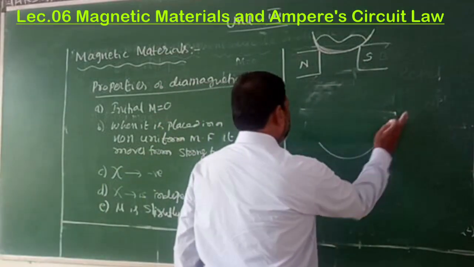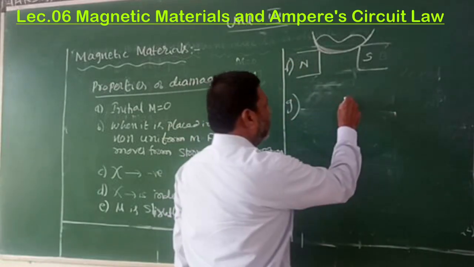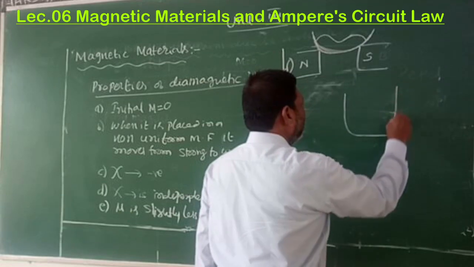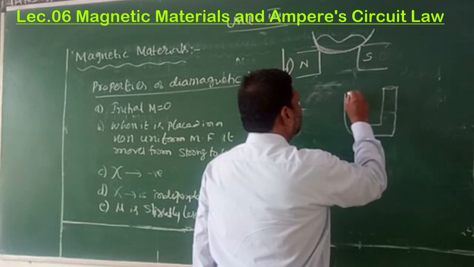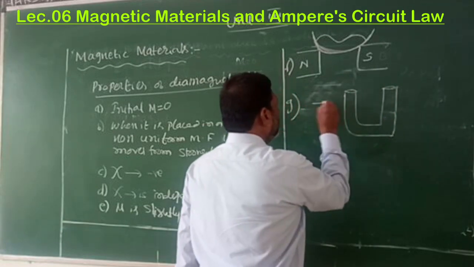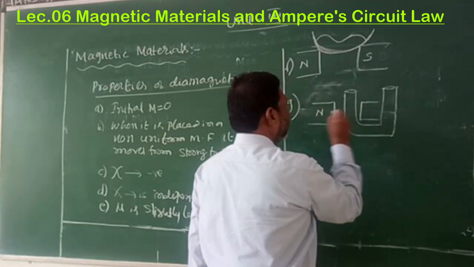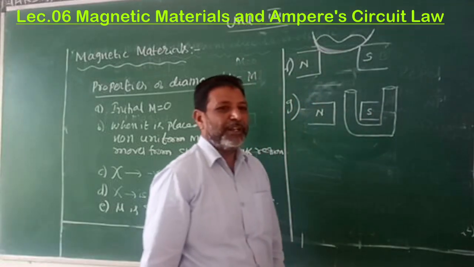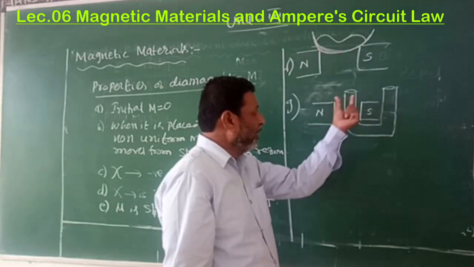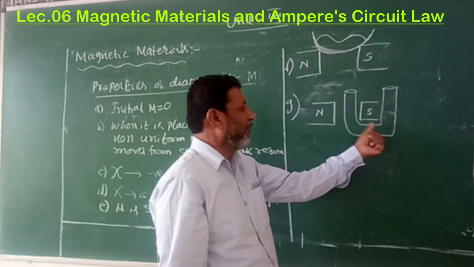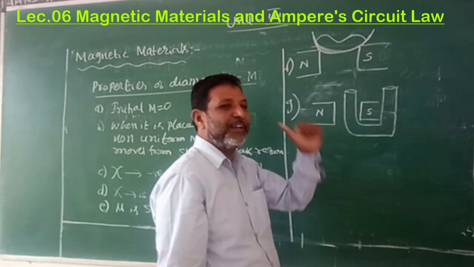And the next property is this. When a U-tube containing liquid diamagnetic material is placed between the two powerful magnets, with one limb of the U-tube between the two powerful magnetic poles, the level of the liquid decreases.